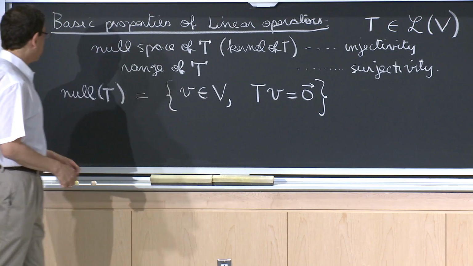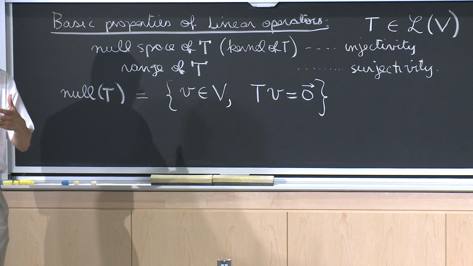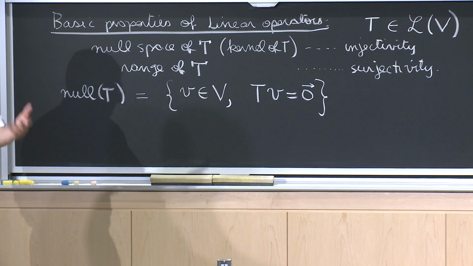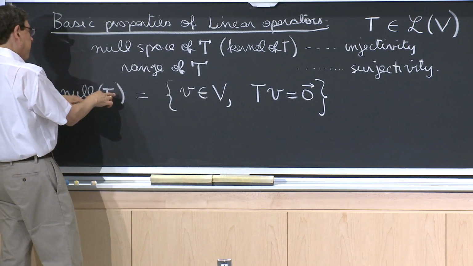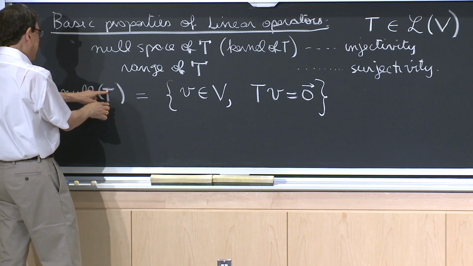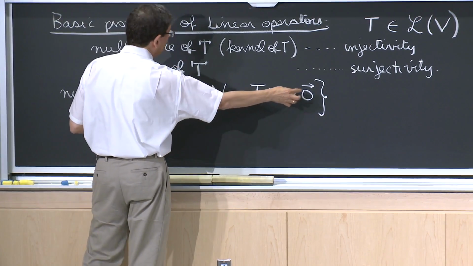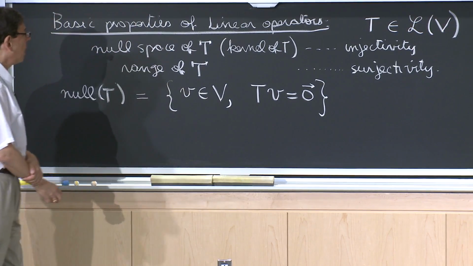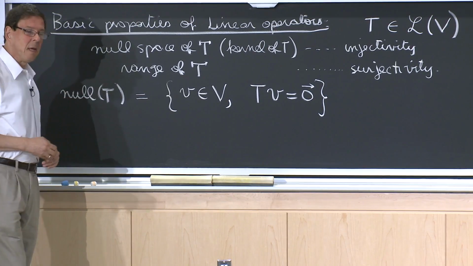That's the definition of the null space. Null is associated to getting nothing out, so what is nullified by T is the things that are getting killed by T. This is a linear operator, so it might kill some vectors, and all these vectors form the null space of T.